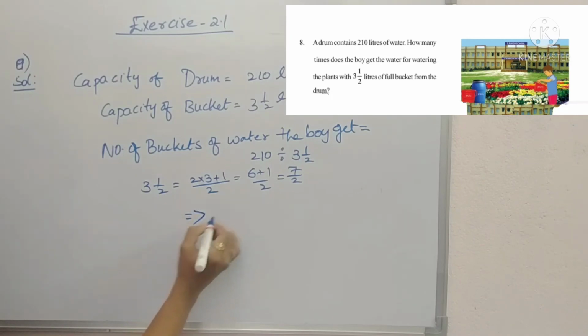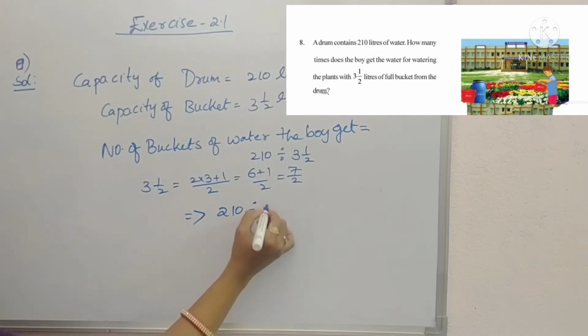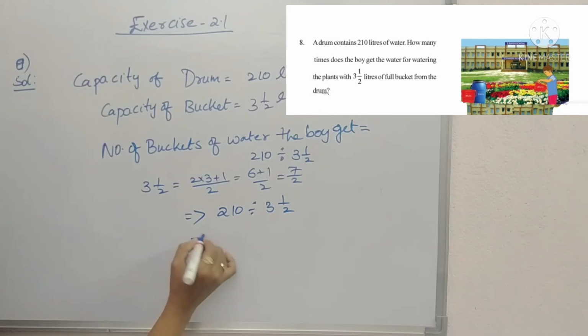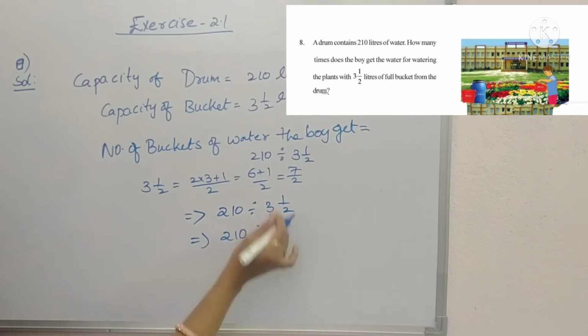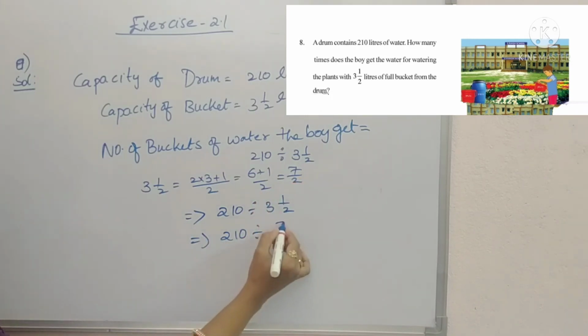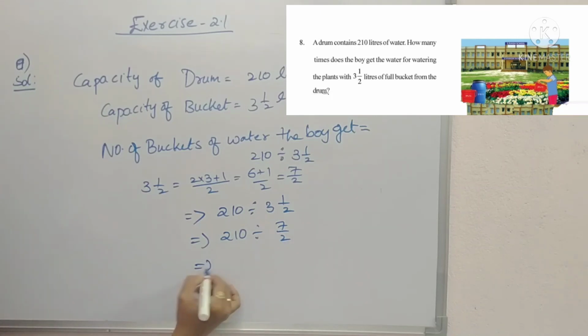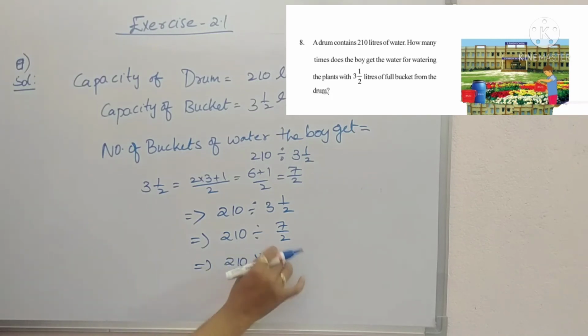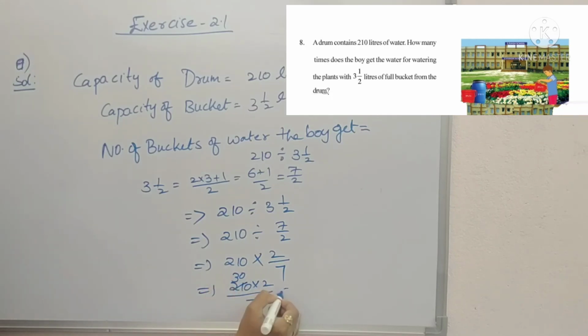So that implies 210 divided by 3.5 means 210 divided by, in the place of 3.5 we can write 7 by 2. So the division will become into, and this fraction will get reversed, that means reciprocal. So 210 into 2 by 7. You know the 7 table. 7 3s are 21. So 30 into 2, 3 2s are 6.